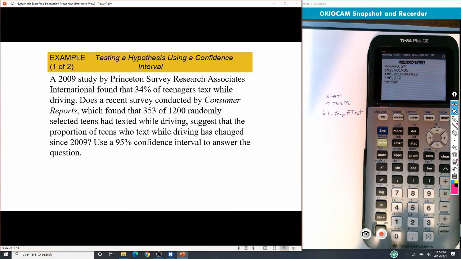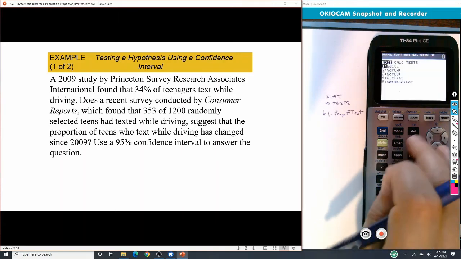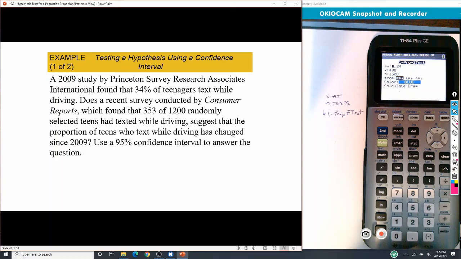All right, so again, I would look at doing my stat. We'll go over to test, down to number 5 for those. Okay, so 0.34. What's it, 353 out of 1,200.